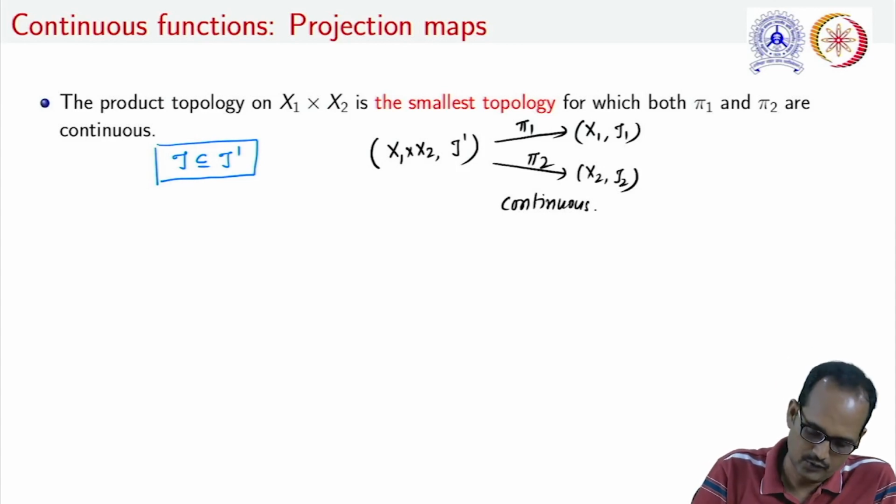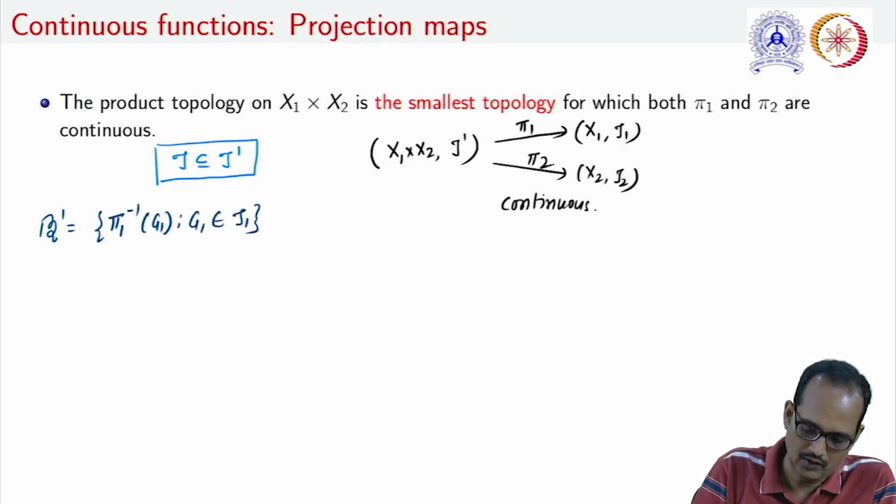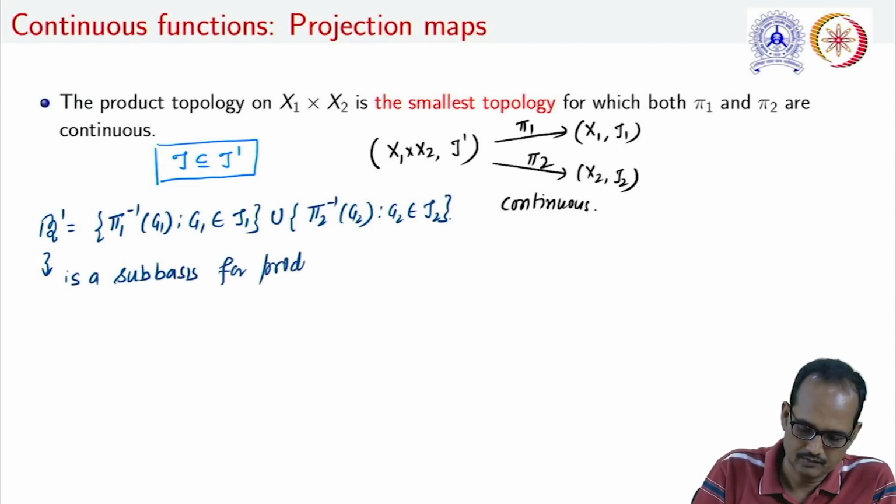Recall the fact which we have already seen, that if we are taking this collection as b dash, that is pi 1 inverse of g1, where g1 belongs to tau 1, union pi 2 inverse of g2, where g2 belongs to tau 2, we have seen that this collection is a subbasis for the product topology tau.